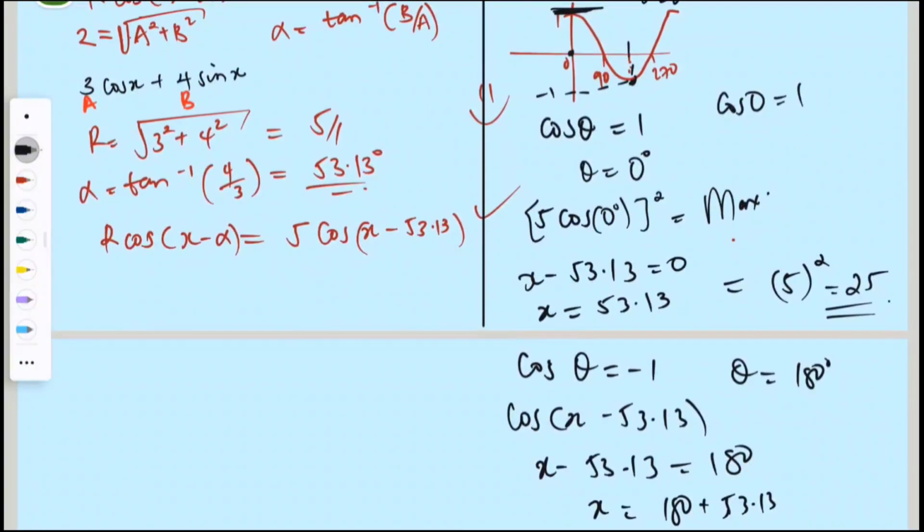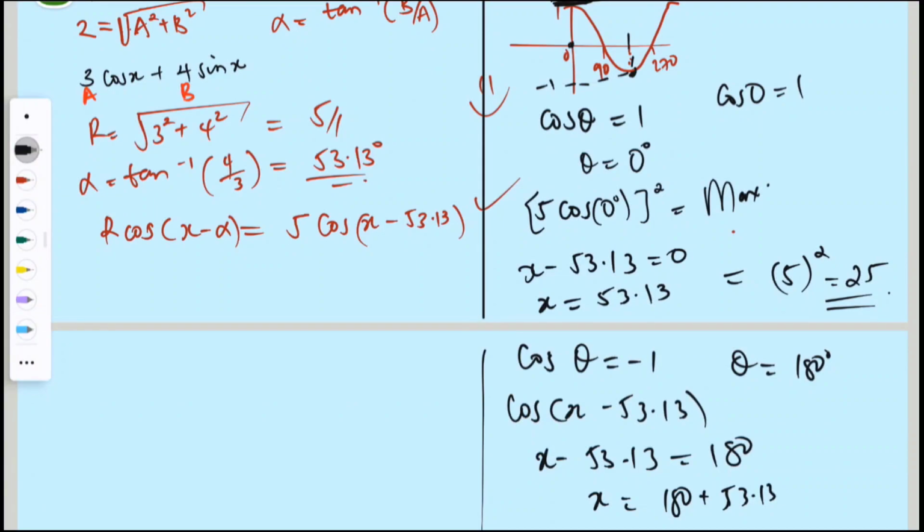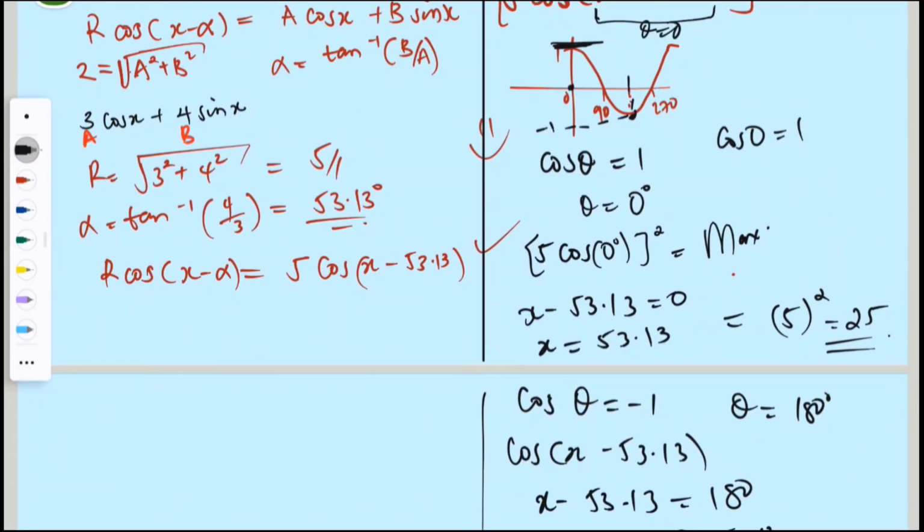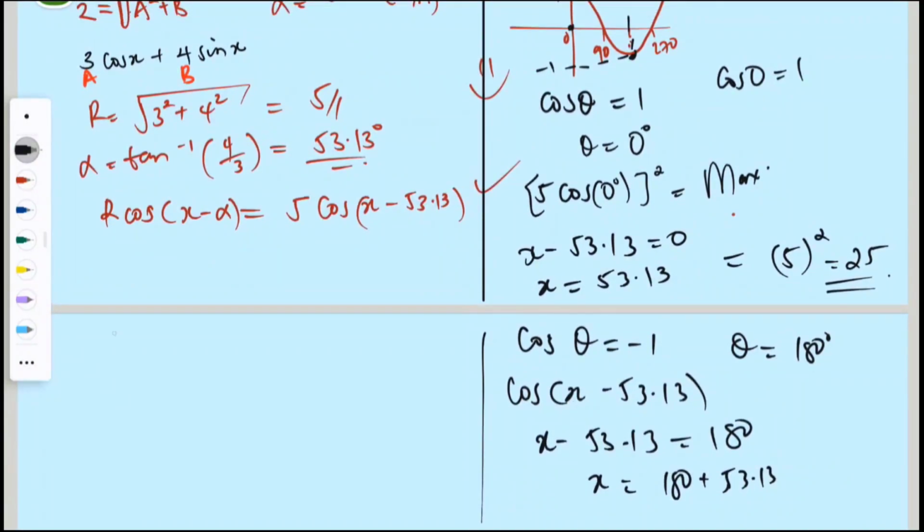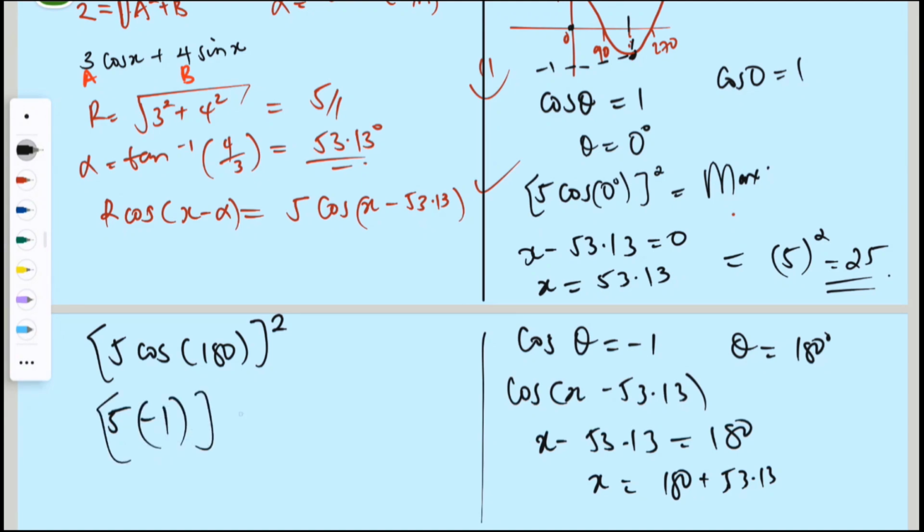We can find the value of 5 cos of 180, which is 5 times minus 1. So minus 5 all squared, it will still be 25.